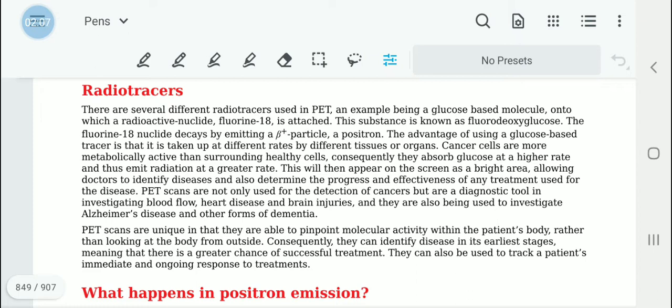The advantage of using this is that the glucose tracer would be taken up by different organs at different rates.